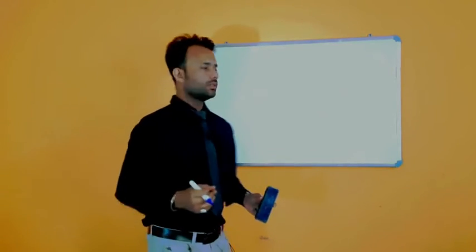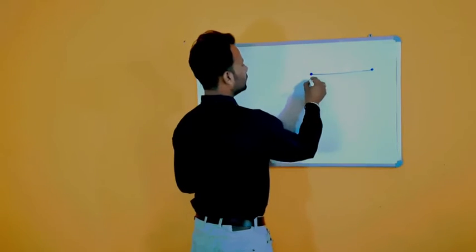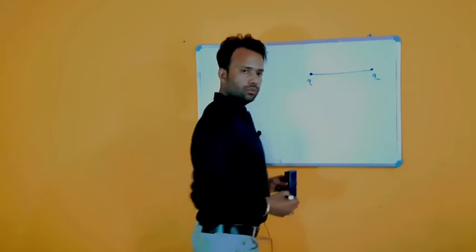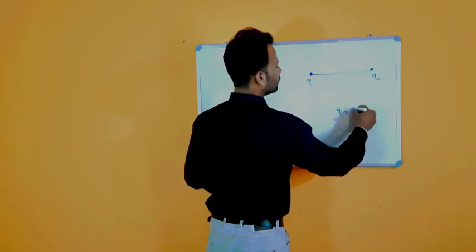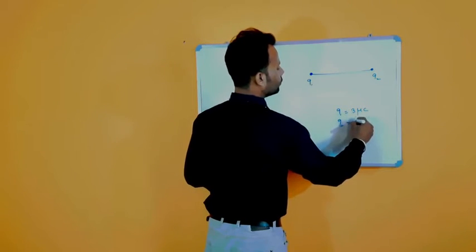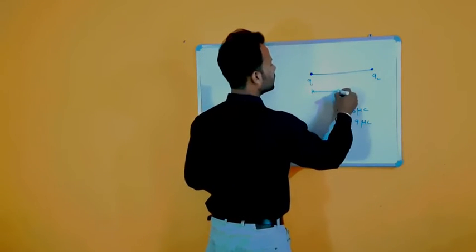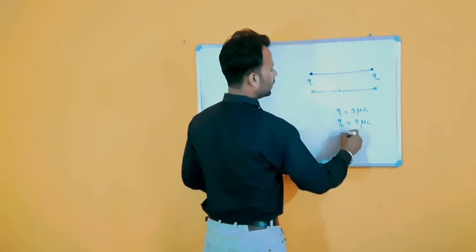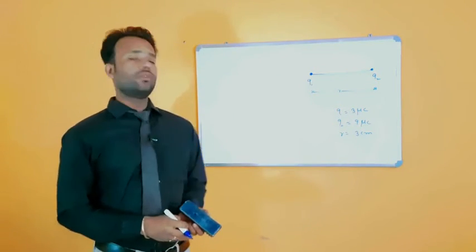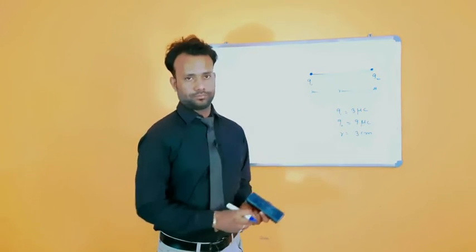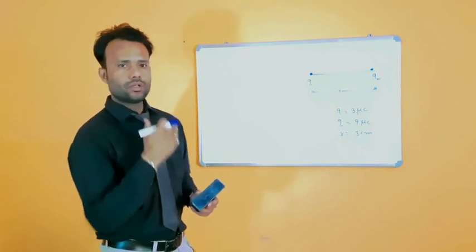Suppose we have two charges, Q1 and Q2, whose values are Q1 equals 3 microcoulomb and Q2 equals 9 microcoulomb, and they are separated by a distance r, where r is 3 centimeter, and we have to find the electrostatic force between them. So this is a basic numerical based on Coulomb's law. Let's see what the answer is.